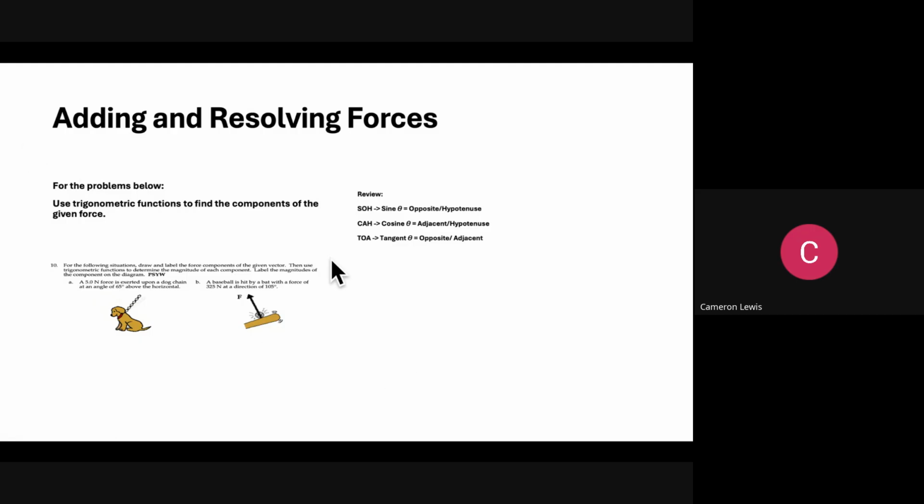We're going to look at the problem, but we have to represent it in that type of triangle format that we talked about earlier. It says the force exerted upon a dog chain at an angle of 65 degrees above the horizontal. When it says the horizontal, it means this part right here. So we create an angle between the chain and the horizontal part, and that angle is 65.